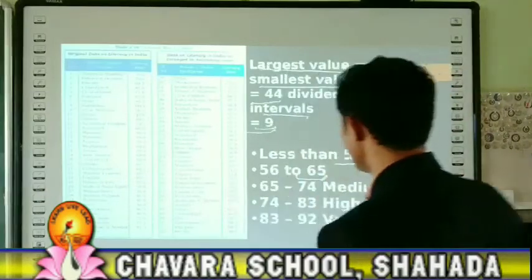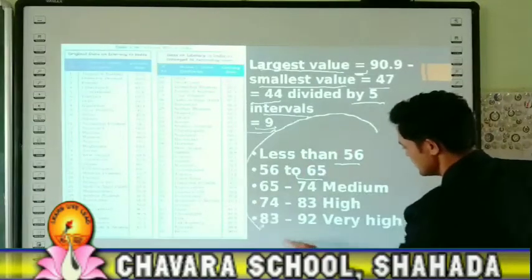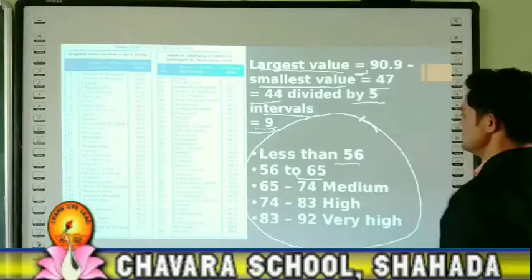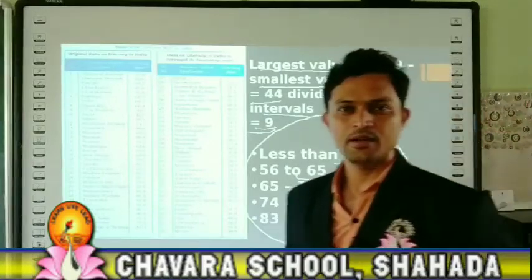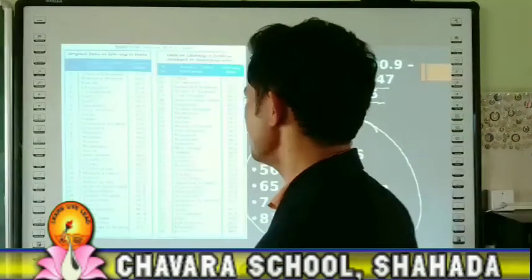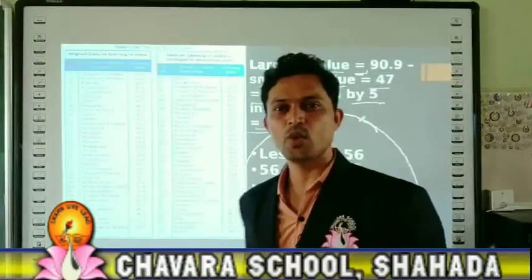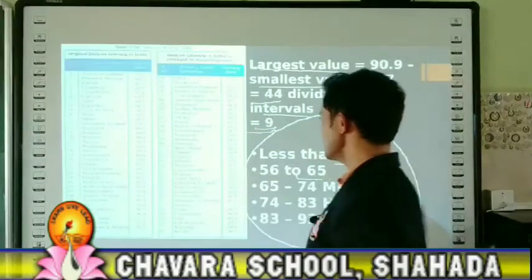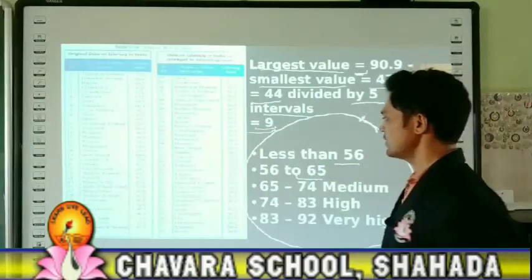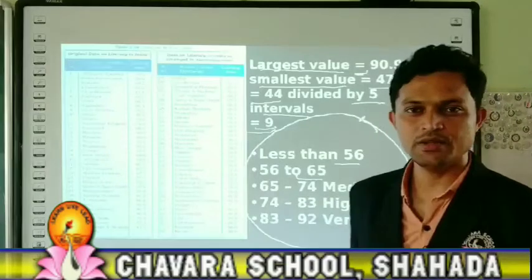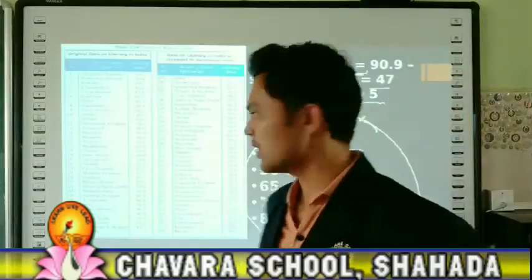And after getting all the 5 classes, she has to select the color, and she has to use the colors or different black and white patterns for showing the distribution of this literacy rate. Now how will she use the shade or tint of the same color?